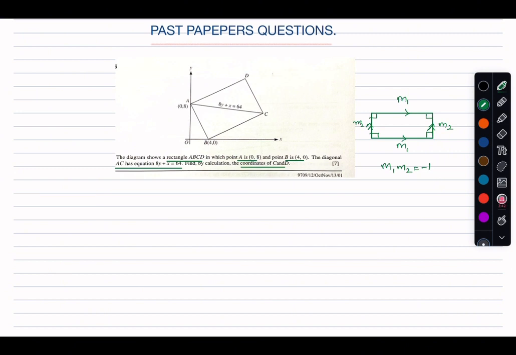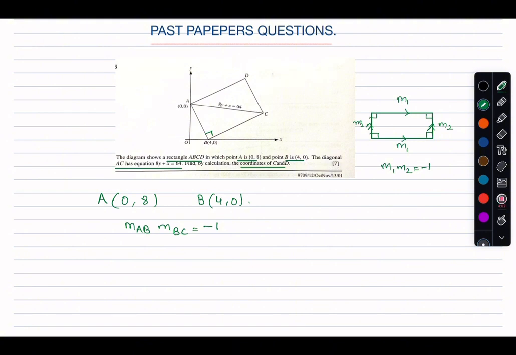So with respect to AB, A has coordinates 0 and 8 and B has coordinates 4, 0. We have discussed that being a rectangle, the sides are perpendicular. Therefore, the gradient of AB times the gradient of BC needs to be negative 1.